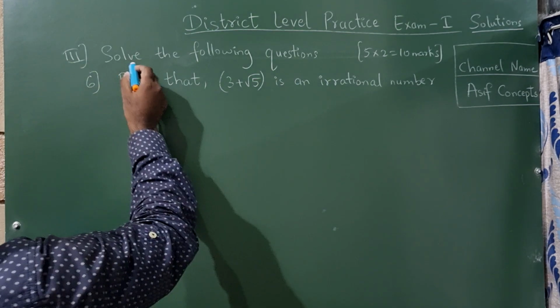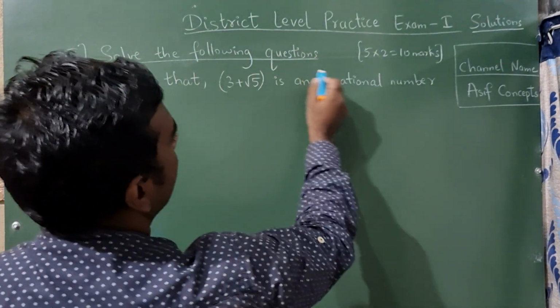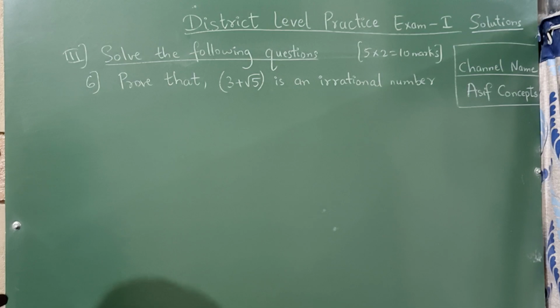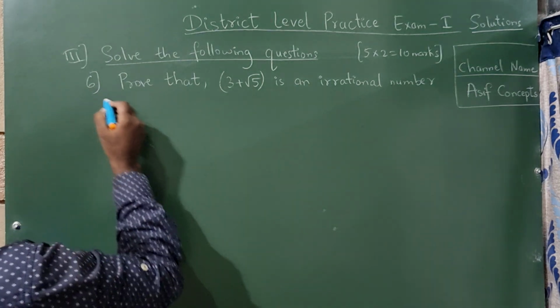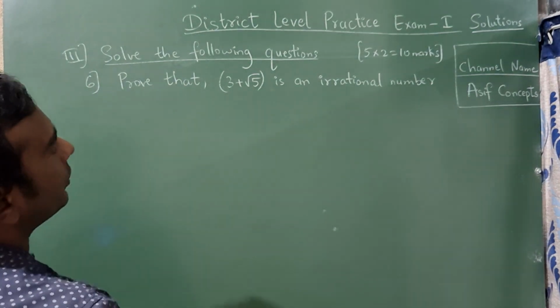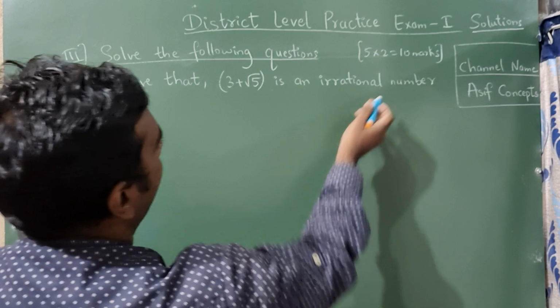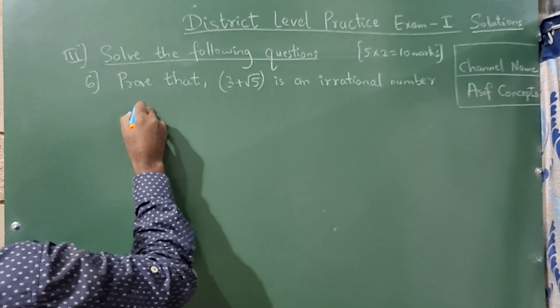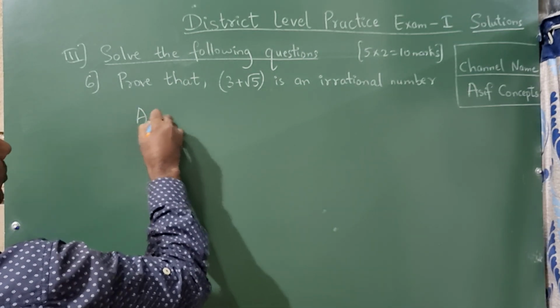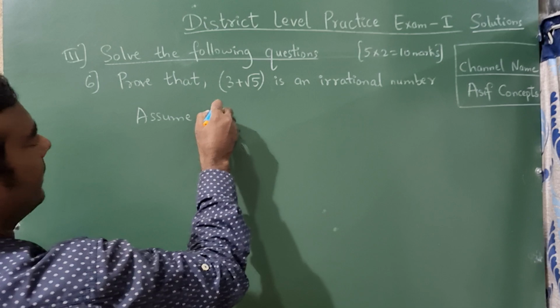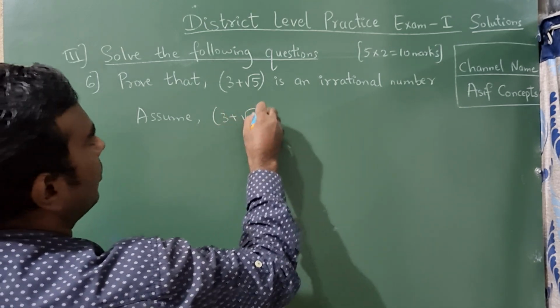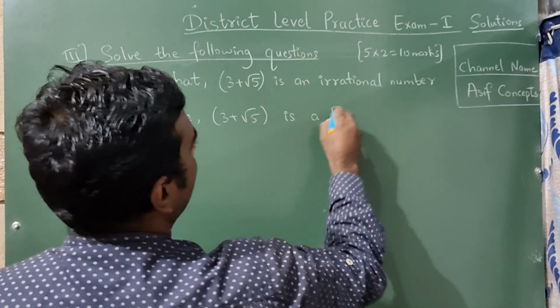Now third question, solve the following questions and all these carry 2 marks. In that sixth one, prove that 3 plus root 5 is an irrational number. Let us assume that 3 plus root 5 is a rational.